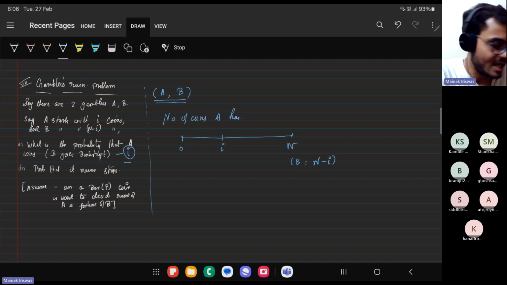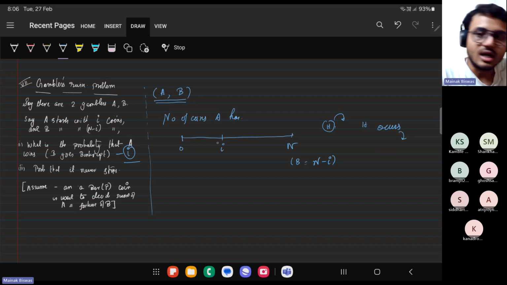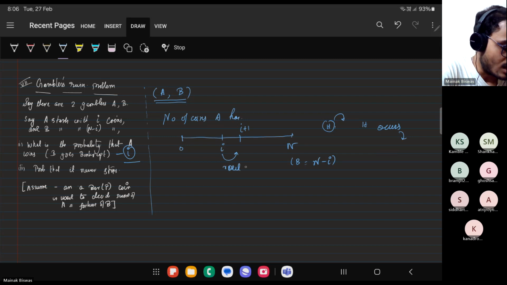What is the game that they're playing? Say a coin is being tossed, and if heads occurs, A gets a coin from B. So A goes to I plus 1 on winning round k.